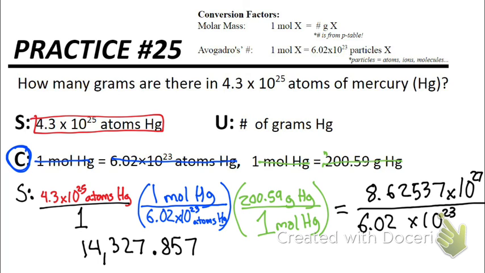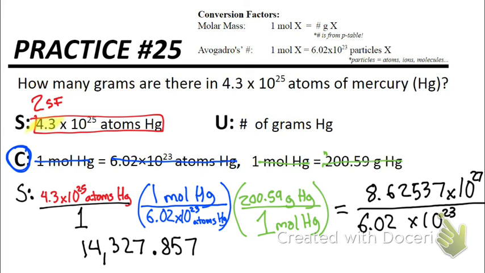But of course, we need to round according to the rules of sig figs. How many sig figs are in the coefficient of our starting value? This one right here. We would have 2 sig figs, because both of these values, the 4 and the 3, are non-zero digits, and non-zero digits are significant.